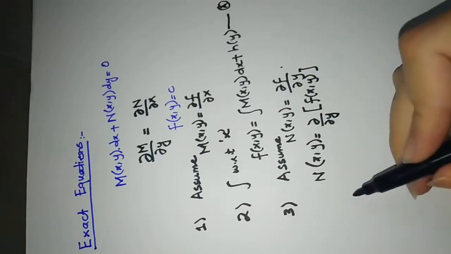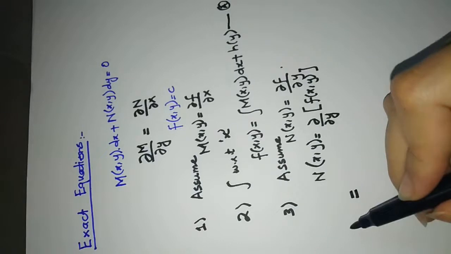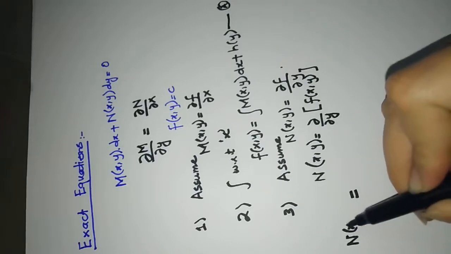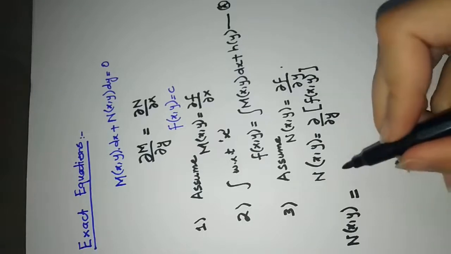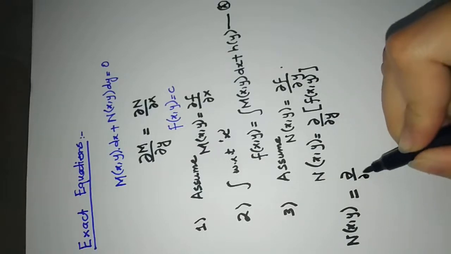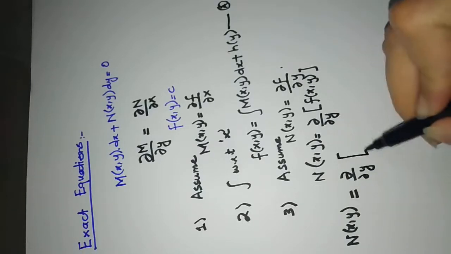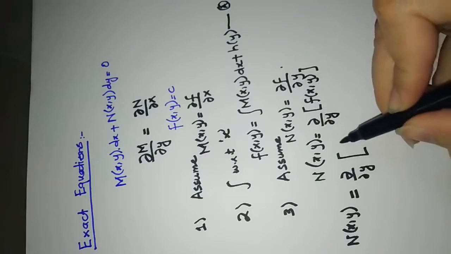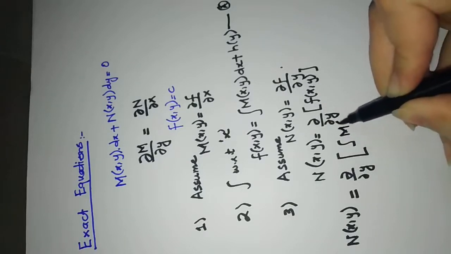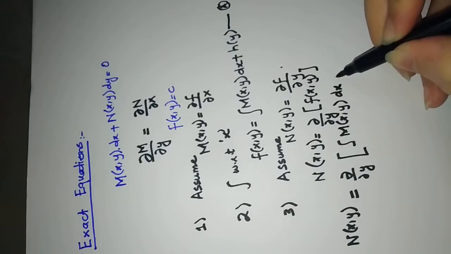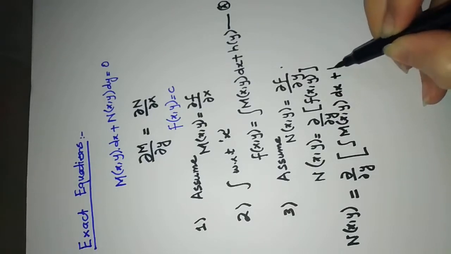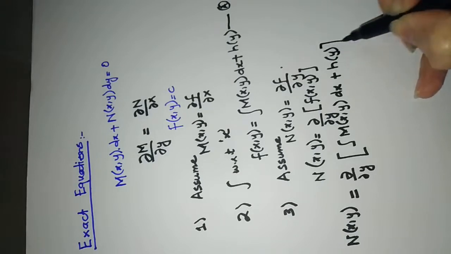So I am just replacing f of x, y with equation A. That becomes partial by partial y of the integral of M of x, y dx plus h of y.